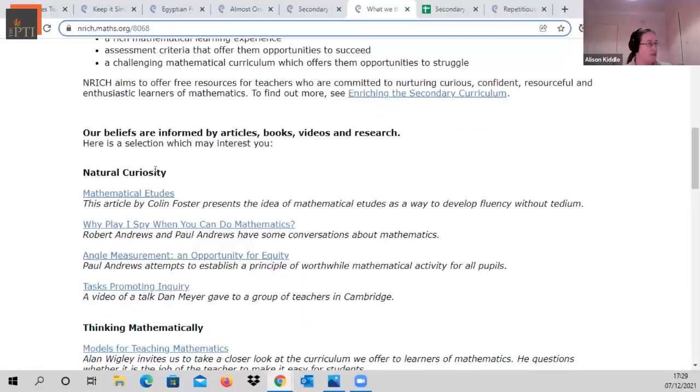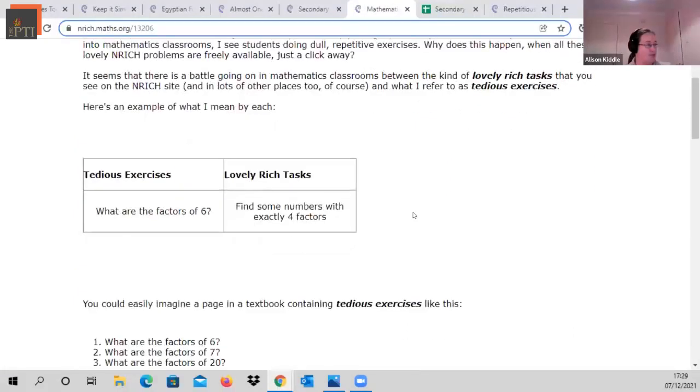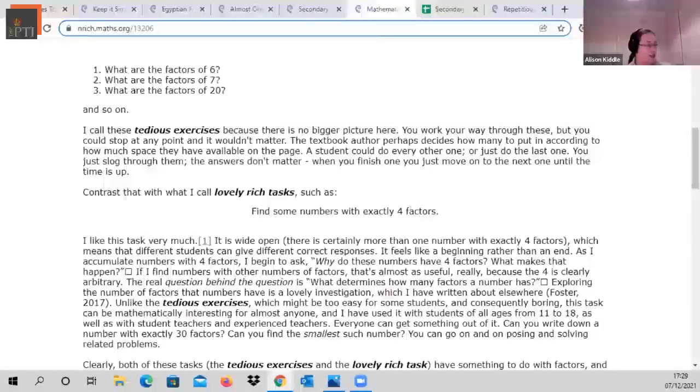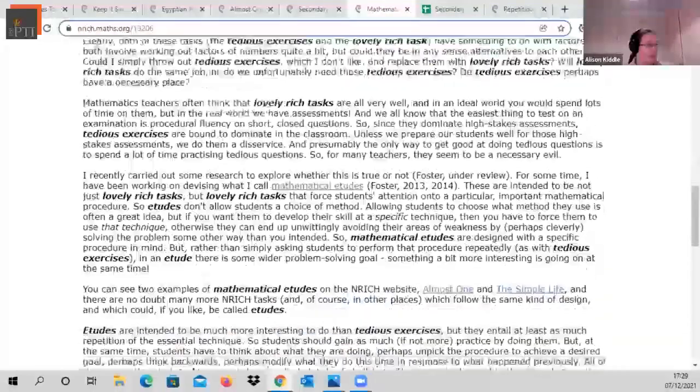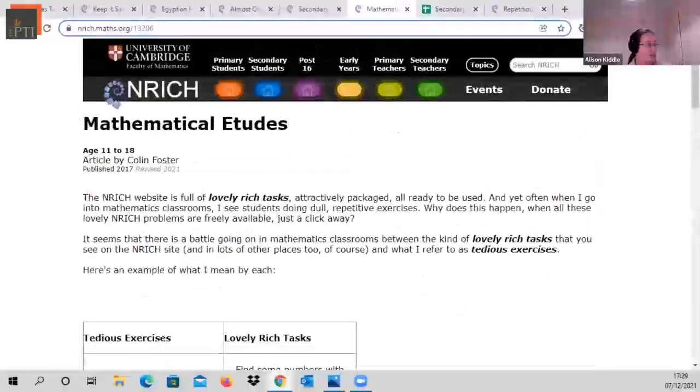If I scroll down here, I can find the article by Colin Foster about purposeful practice and mathematical etudes. That is a really good read if you're interested in this approach that Colin suggests. And you can see Almost One is mentioned in that article.